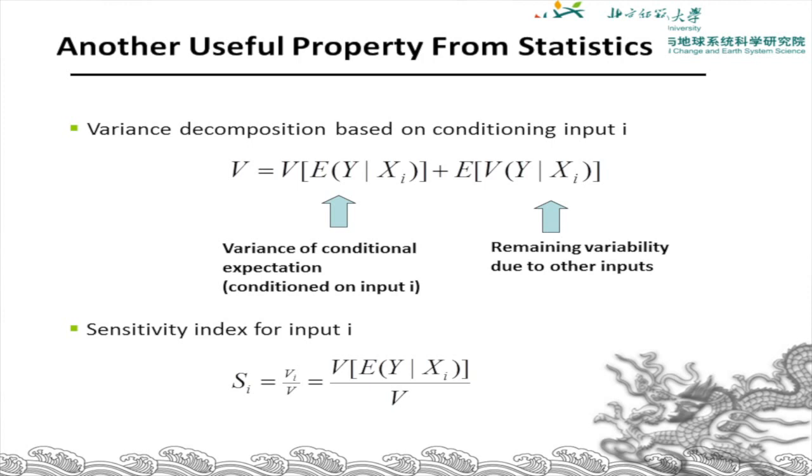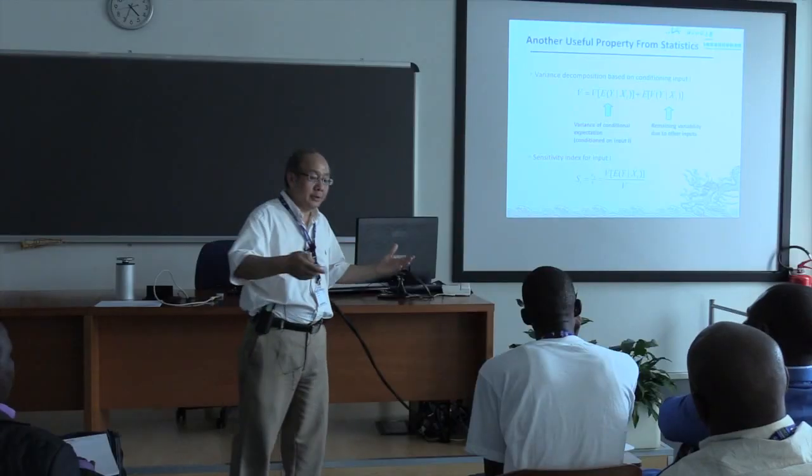If you want to go through the derivation, this is a universal property for any of those kinds of random variables you work with. So right now, if you can compute this, then this divided by the total variance is the first order variance of i. That means if you can compute this, then you can get the first order variance.